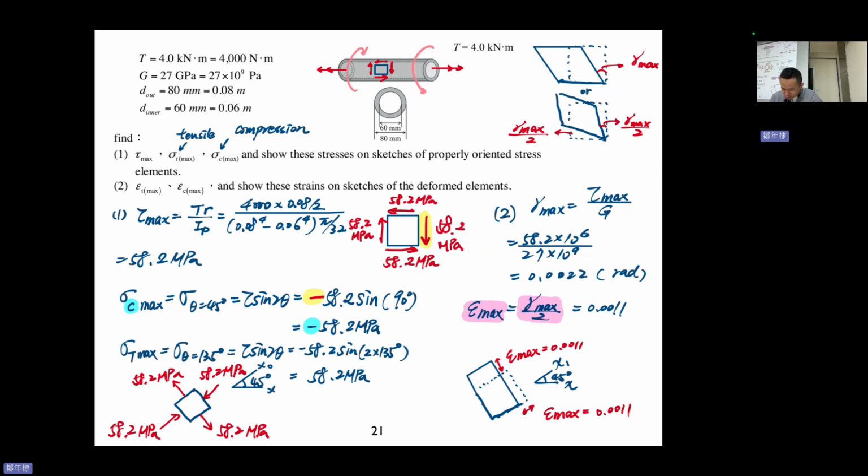Well, they should look exactly the same length. I should make it shorter. Okay, that's it. So that's what the deformed element looks like. Right, that's it.